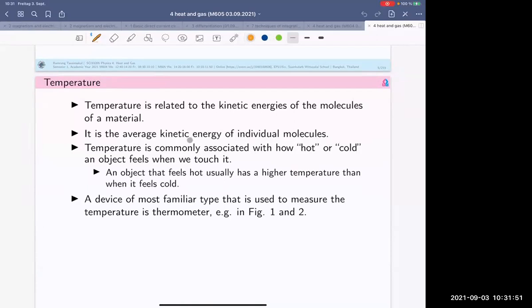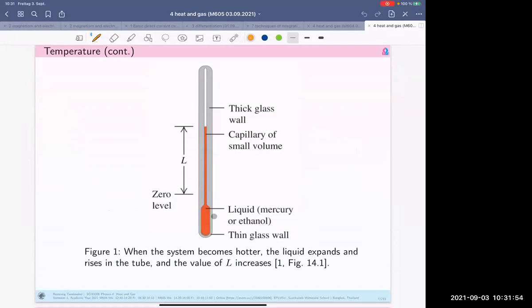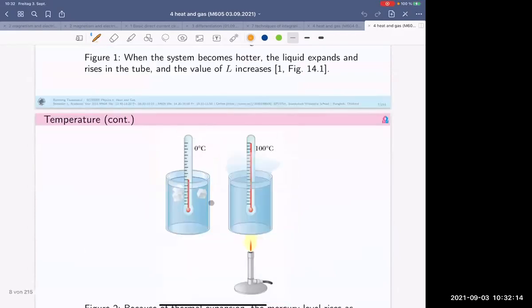The thermometer is the tool to measure the temperature, and the liquid inside can be either mercury or ethanol, which is a kind of alcohol. The freezing point for the water is 0 degrees Celsius, and the boiling point of the water is 100 degrees Celsius.